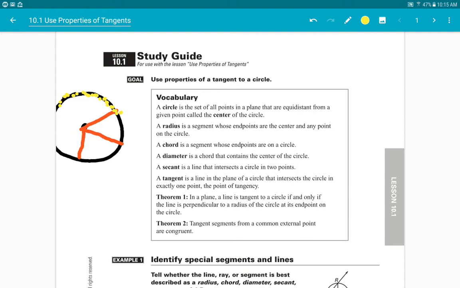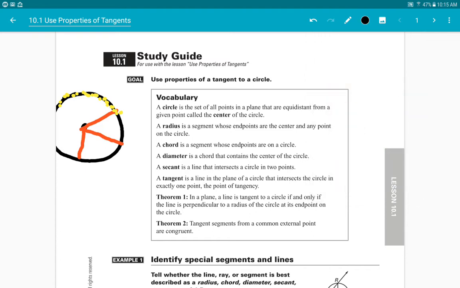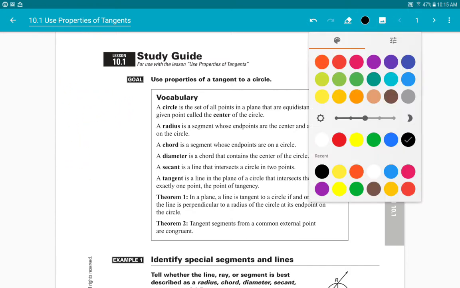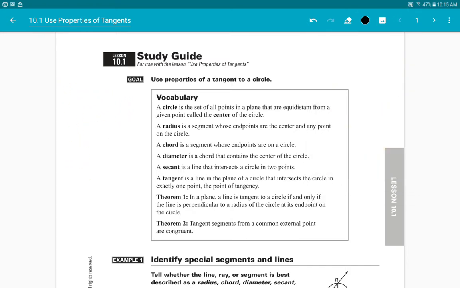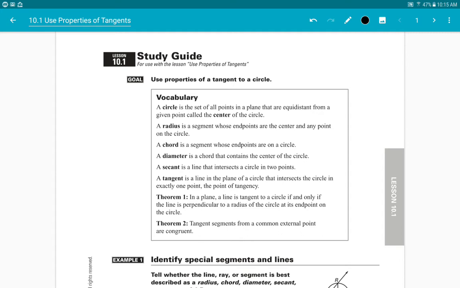Okay, let's talk about the segments or lines that can be drawn with a circle. Let's erase this one here. Here's our circle, there's our center point. We have what is called a chord.